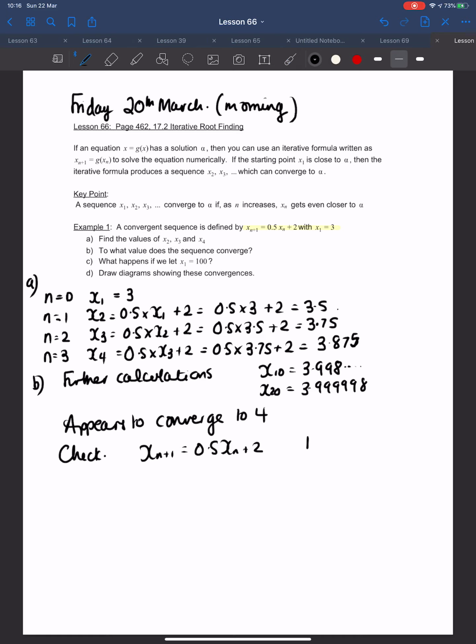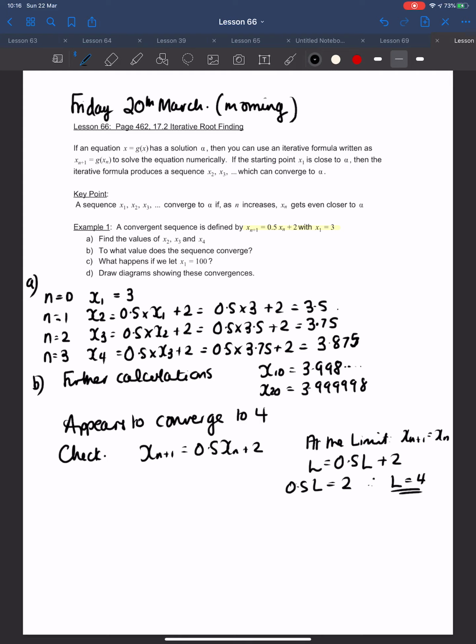So when it converges at the limit, we've got L is 0.5 L plus 2, because at the limit x_(n+1) is x_n. So when we've reached the limit, the next term is the same as the term we've already got. So we solve this equation, take half L away from each side, 0.5 L is 2, so therefore L is 4, so the limit is 4.